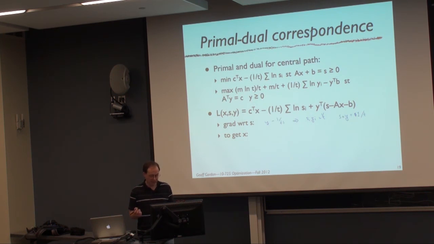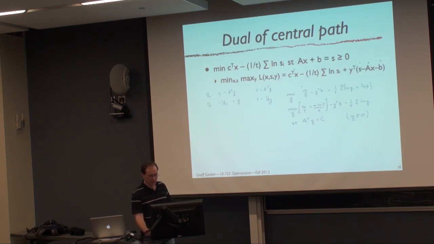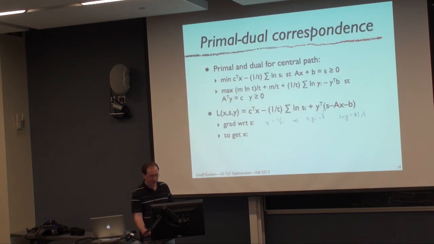And the other thing is that once we run Newton's method, right, if we do an infeasible start Newton's method here, we'll actually get the value of the Lagrange multiplier for this constraint out of that infeasible start Newton's method, right? So we'll have that y. And we can also get the x, right? We know that Ax plus b is equal to s, and so we can get s from y, and then we can do least squares to solve for x, right?